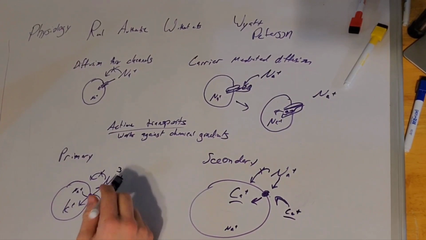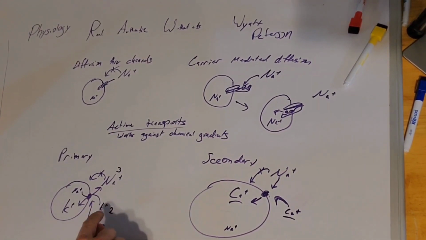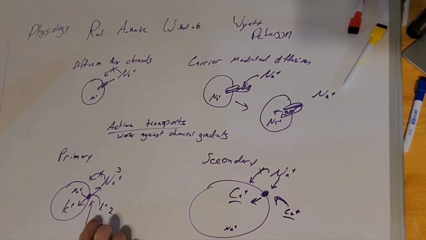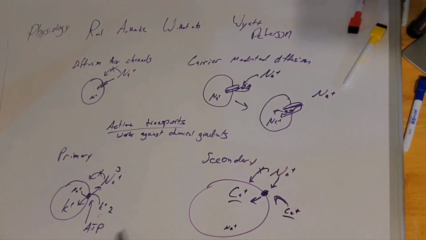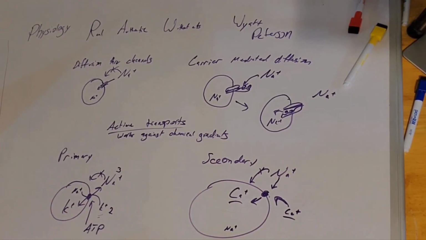But say that it only has a lot of sodiums, so it's saturated with sodiums. Once potassium runs out, it'll stop working, or once ATP runs out, it'll stop working. And so this is an example of a really specific protein.